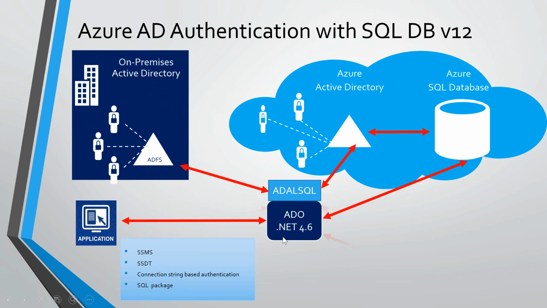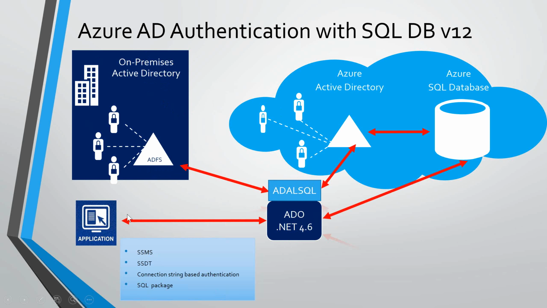Now you can see these two small boxes in the middle, which are the client part: the ADO.NET 4.6, and a library that we have added called ADAL SQL, the Active Directory Authentication Library for SQL Server. This library is placed here to talk either to Azure Active Directory or to ADFS.